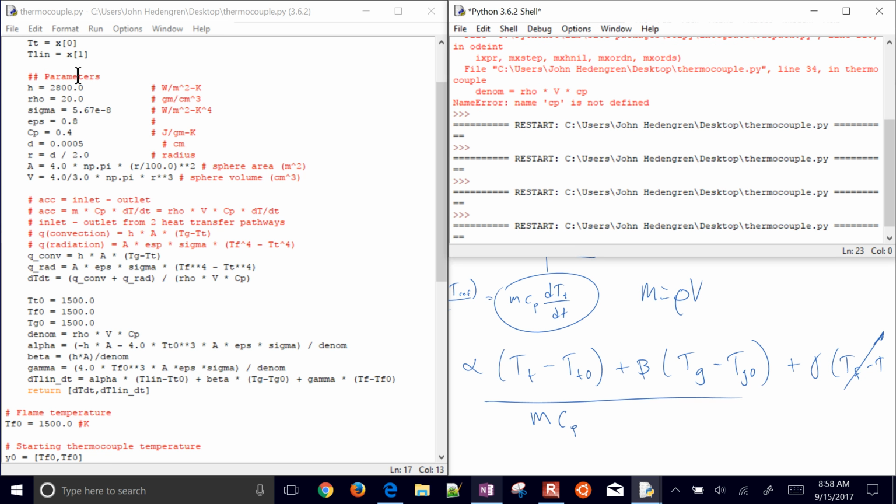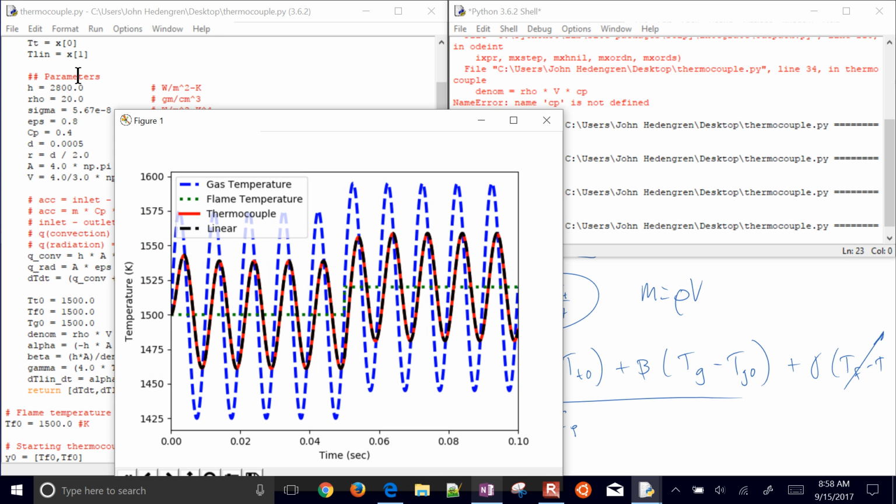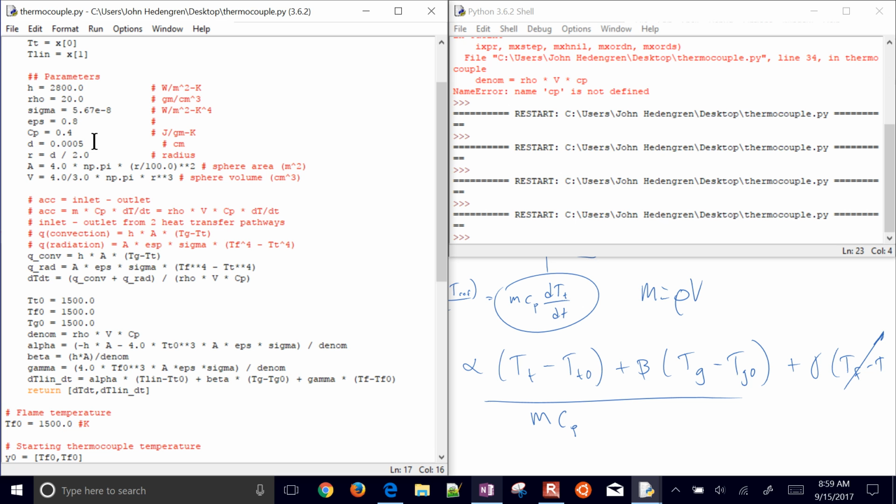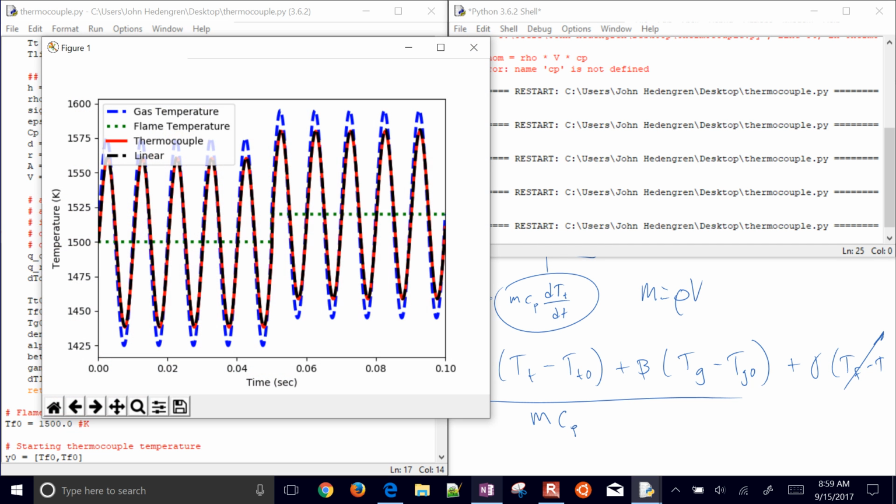So it's going to decrease the area, but you can see it's also going to decrease that mass of bead that you need to heat up or cool down very fast. You can see it becomes more sensitive. So let's see how far we would have to take this before you're really measuring the actual gas temperature. Okay, so we're getting much closer there.